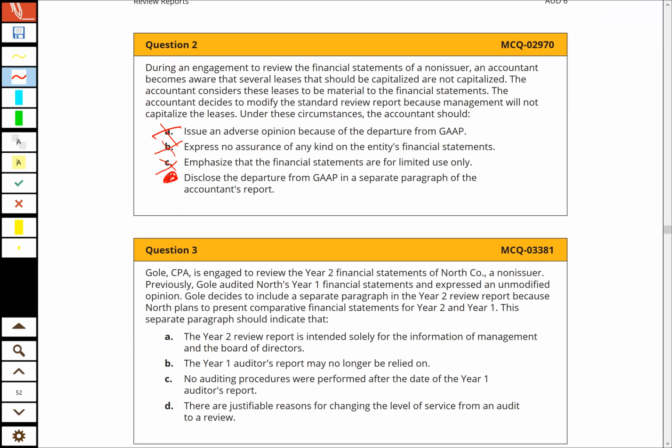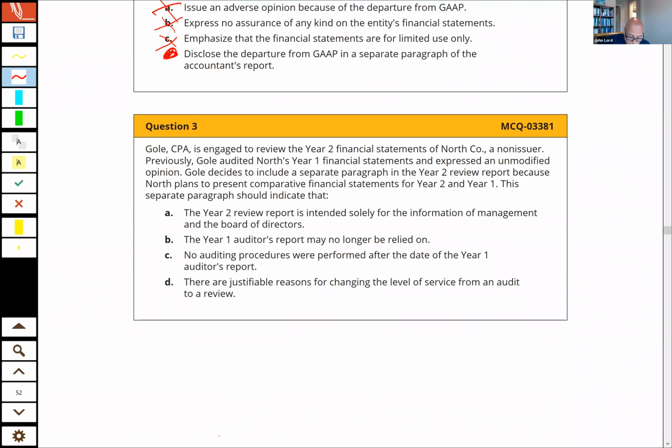No, known departures. Okay. When you have a known departure, you put it in a paragraph that has the heading known departure, and not capitalizing leases is a known departure. Okay, all right, good. Try number 3 here.